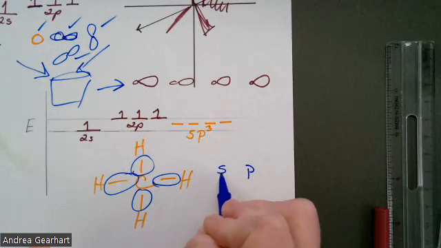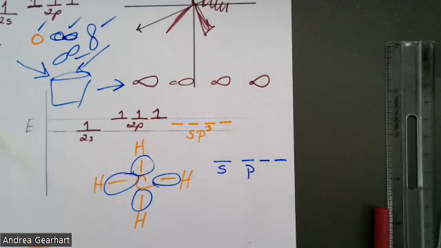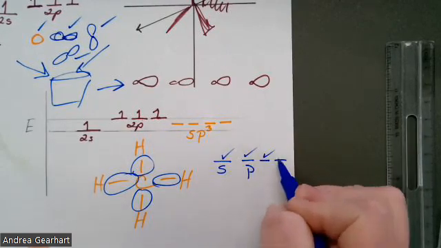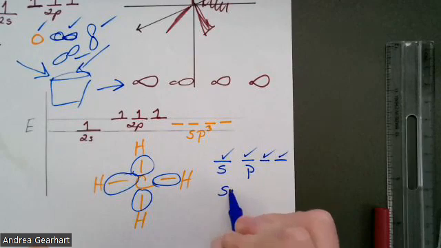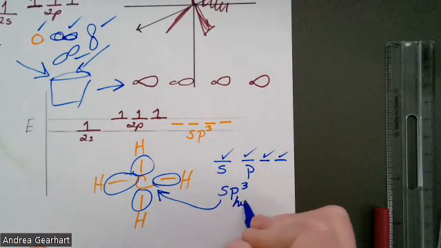And we know the s sublevel only has 1 s orbital, the p has 3. So to create 4 areas of equal length, equal energy, we say 1, 2, 3, 4, s1, p3, that the carbon here is sp3 hybridized.